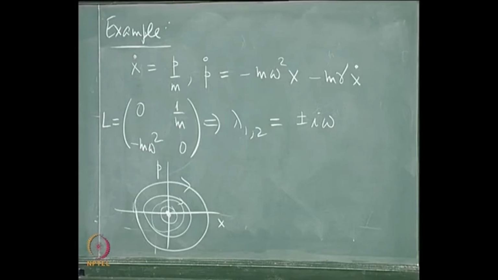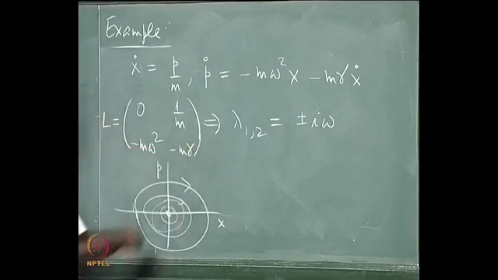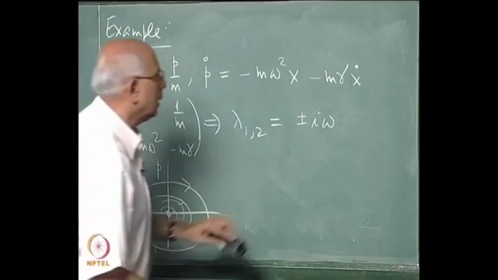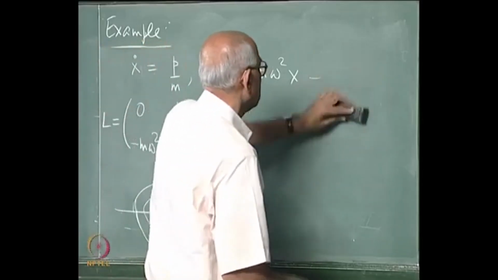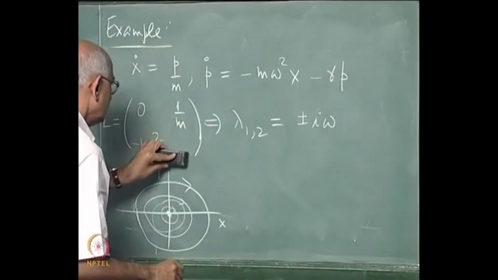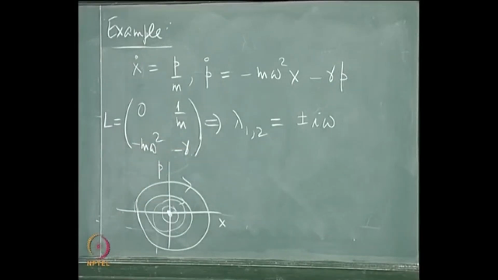Then you immediately see that this has minus m gamma times x dot, so let us call this minus gamma p, minus gamma here, and then of course the eigenvalues are not equal to plus or minus i omega.